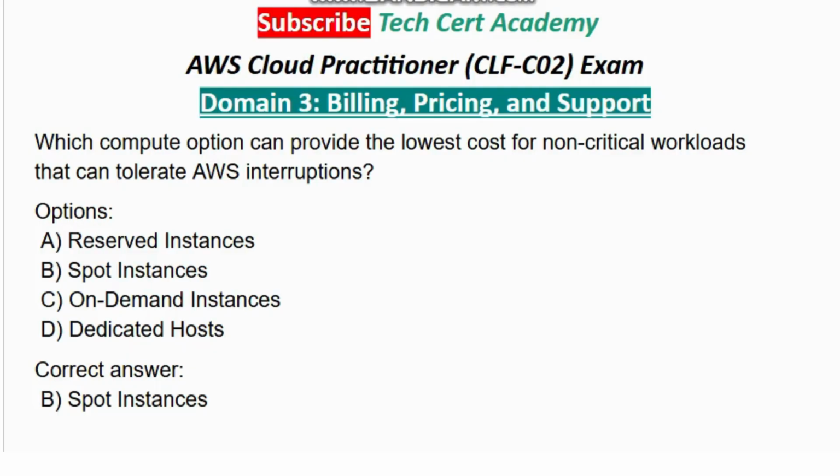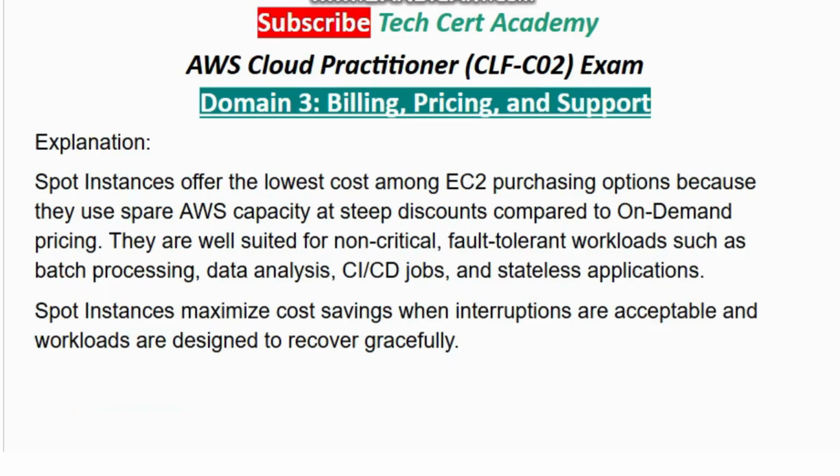Spot instances. Explanation: Spot instances are the most cost-effective compute option for non-critical, fault-tolerant workloads because AWS offers spare capacity at a fraction of on-demand prices. These instances can be interrupted when AWS reclaims capacity, making them unsuitable for mission-critical applications. Reserved instances optimize costs for predictable workloads, but do not support intermittent or interruptible workloads.